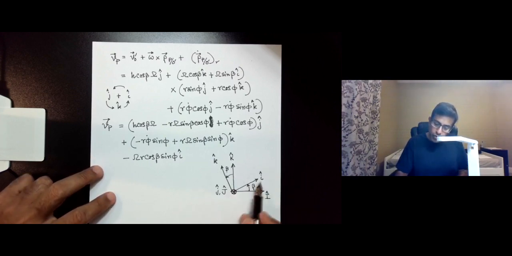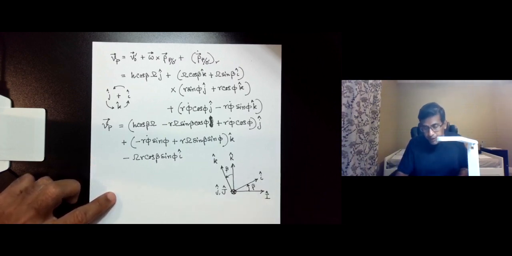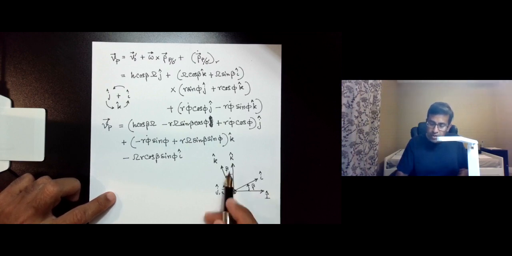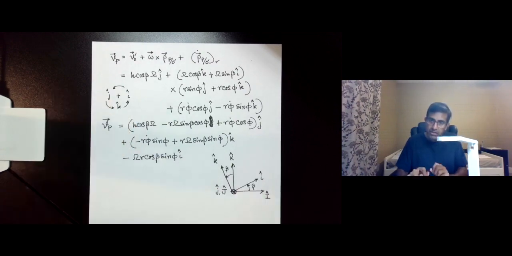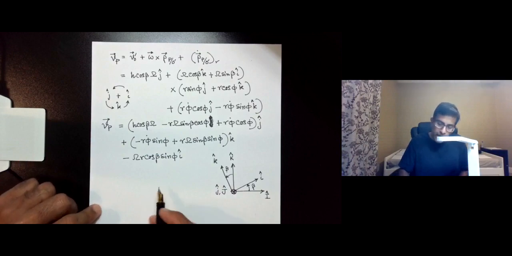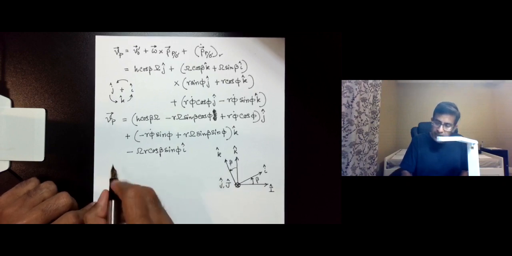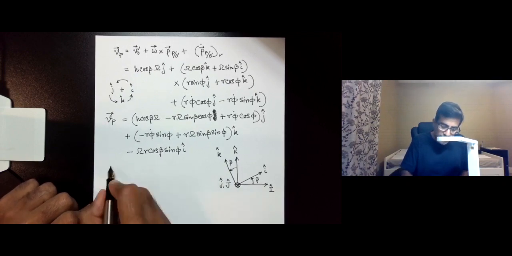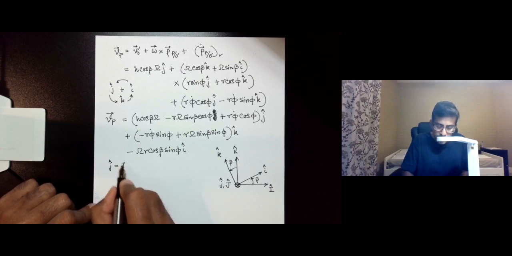Basically our new rotating frame is similar to the previous rotating frame. It's only that this rotating frame has been turned by an angle beta. And so there is a mapping between this small i, j and k and capital I, J and K. One thing that you can see is that small j is equal to capital J.